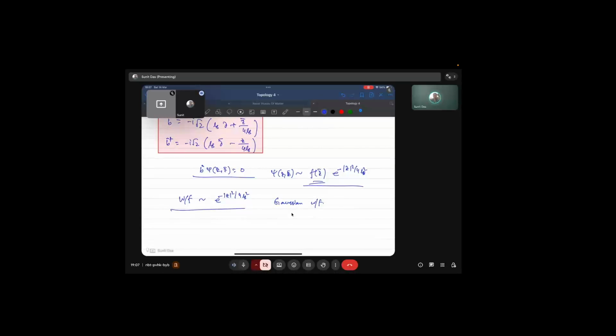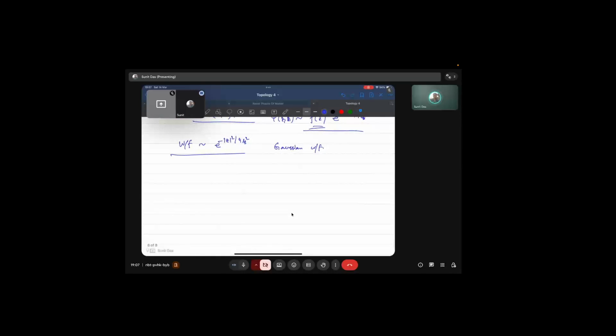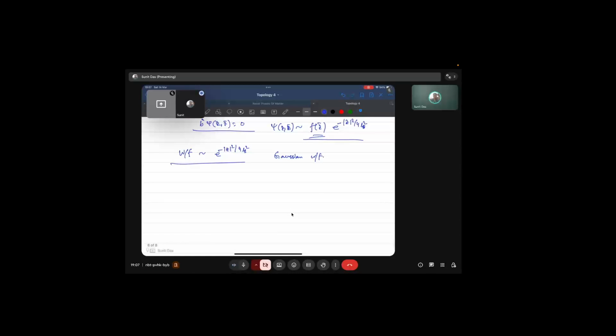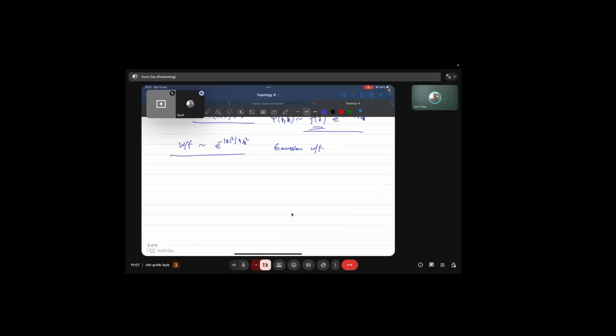I mean z and z bar are such that f of z is one. Okay, so this is equivalent to one. And what was our vacuum? Then what is the lowest energy state? Vacuum state essentially means you are in the lowest energy state, right?